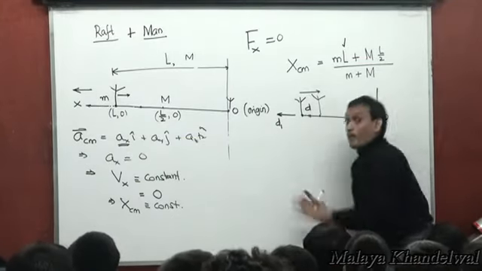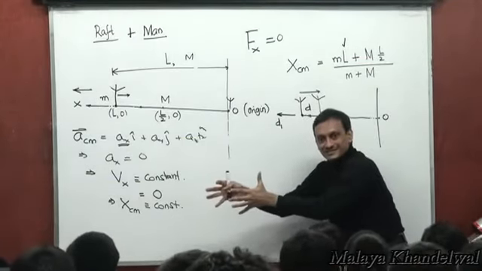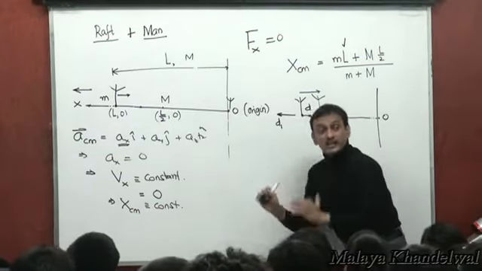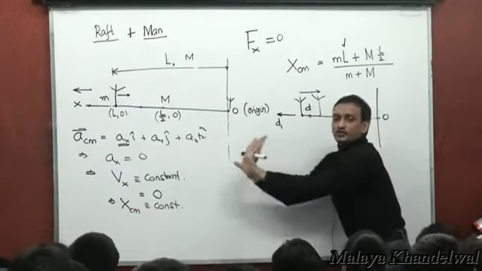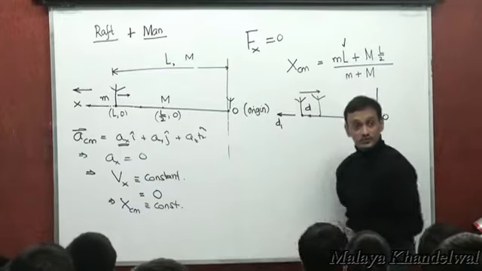The man moved d units upon the raft, but the raft retreated d1 units in the opposite direction.